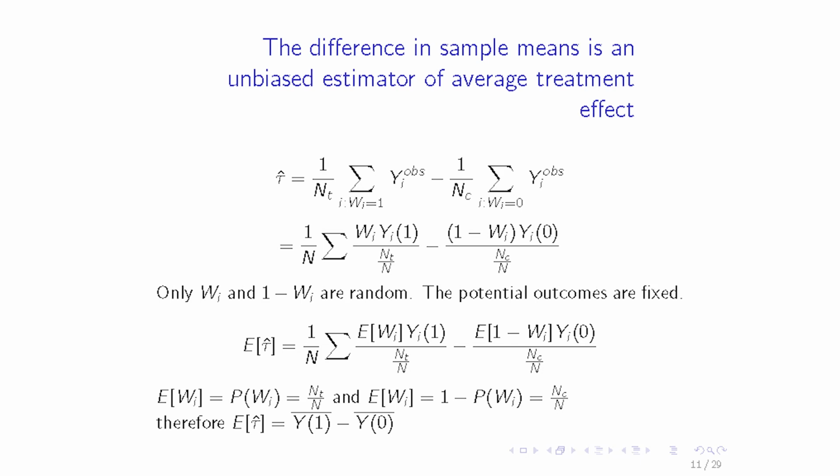How do we do that? Well, we replace Yi obs by what it is conceptually, and what it is conceptually is Wi times Yi(1) if in the subgroup that happens to be treated. Typo, I thought I had dropped all of them. There is a sum that has gone away here.